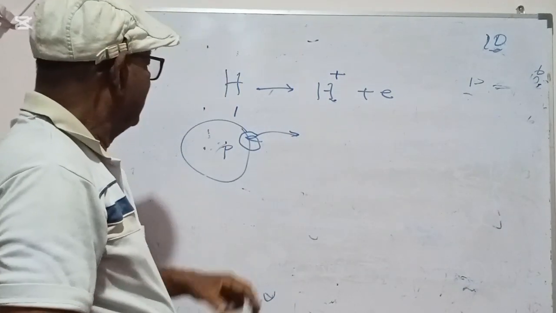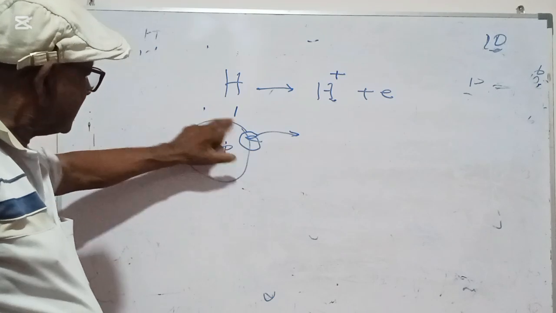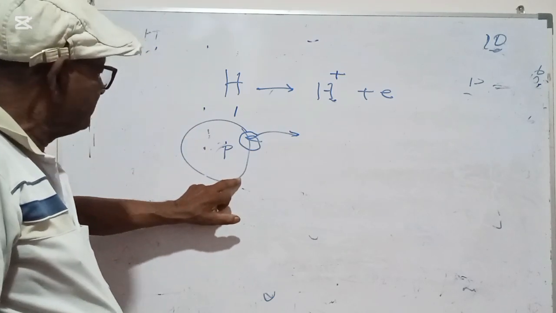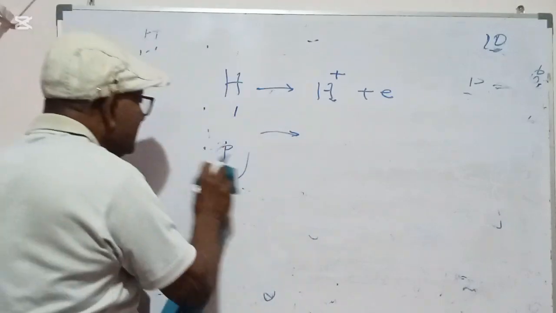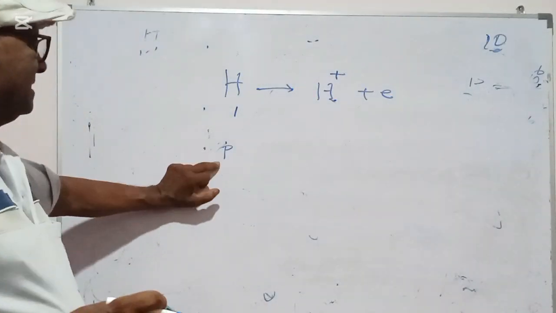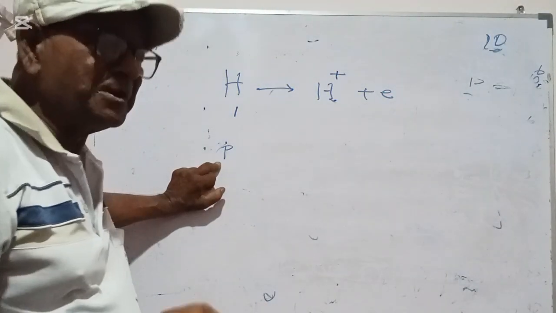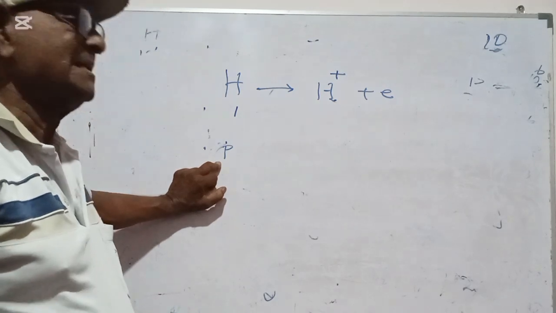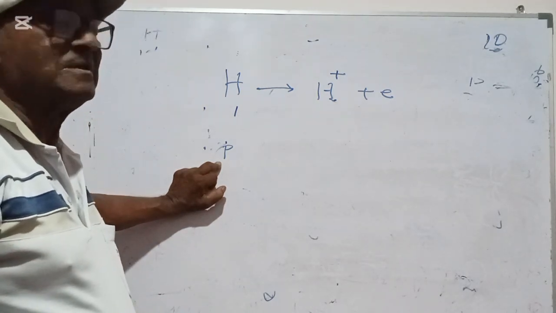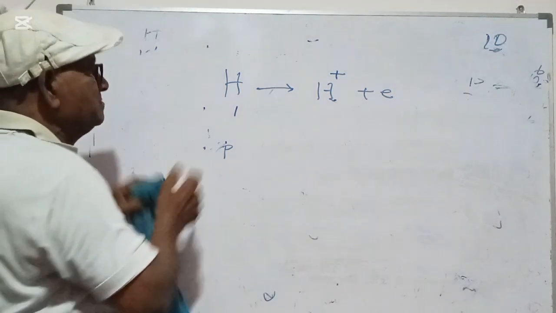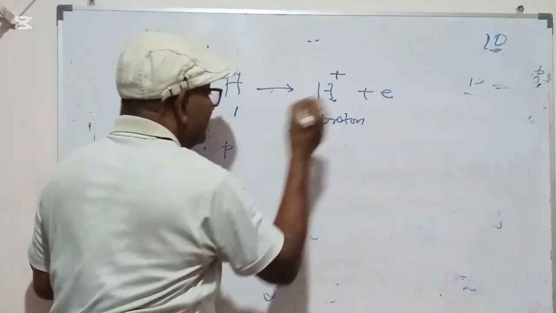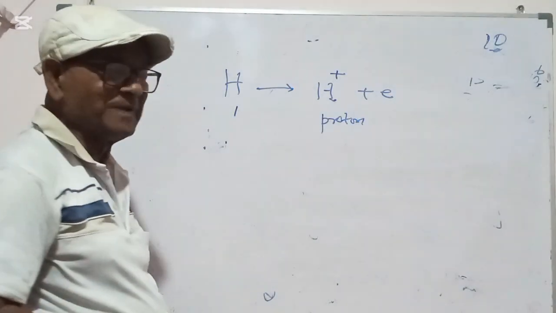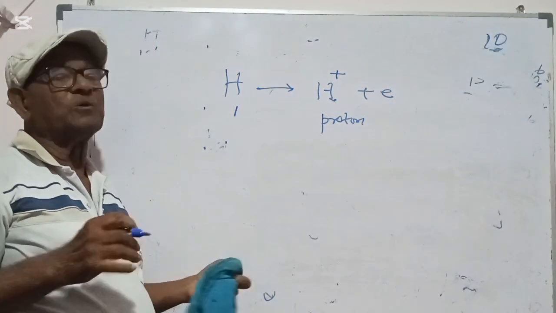Okay. Then see here, this is the hydrogen atom. It removes that electron, no orbital. It remains the nucleus. What is the nucleus? Only a proton. Then H+ is a proton. In most cases, H+ is explained as a proton.